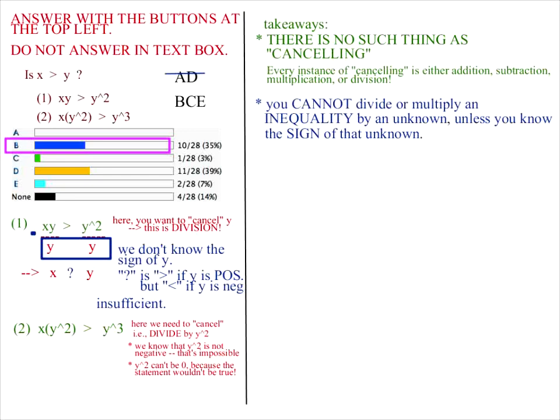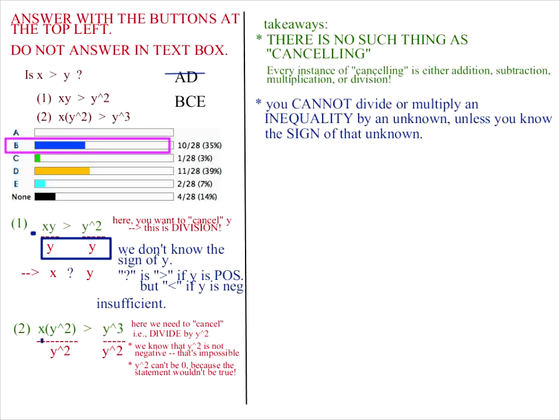So notice that this statement can't be a lie. If y is 0, this would be a lie because 0 is not greater than 0. So therefore, we can actually do division here by y squared because we know that it is definitely positive. So divide by y squared on the top, divide by y squared on the bottom.